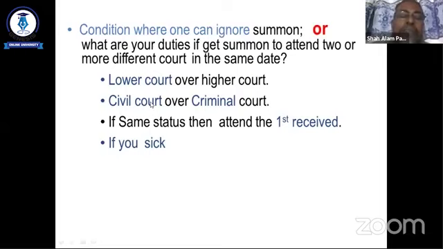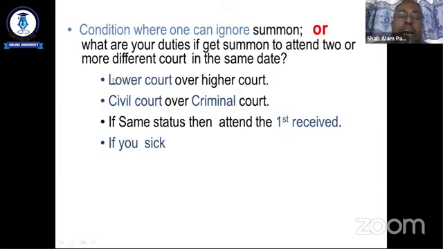If they are of the same status, then attend the first court in which you received the summon. And if you seek, then you can ignore the other, but you have to inform the court. These are the conditions where you can ignore one court in favour of another.